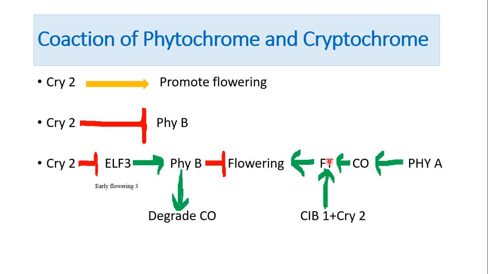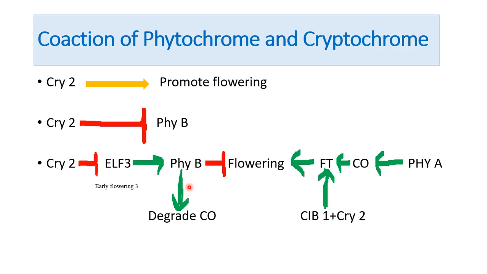Actually, it is important for the transcription of flowering locus T. I have told in the earlier slide that cryptochromes have the ability to bind to the transcription factor CIB1. Together, CIB1 and Cry2 will bind to the promoter of flowering locus T and induce its transcription. This will induce flowering. So phytochrome A will promote flowering and phytochrome B will inhibit flowering.